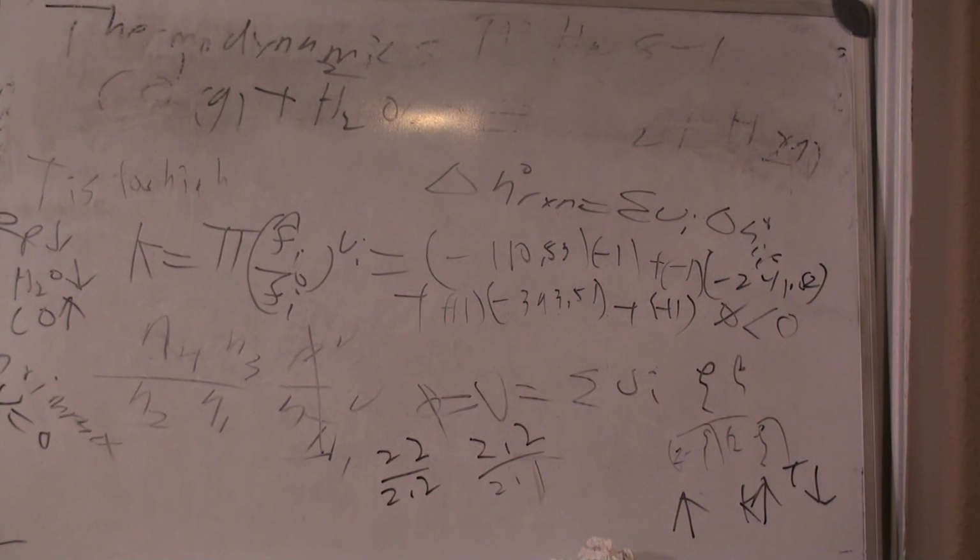Then I ask myself, is that a good thing? I look at the problem statement, which says my T is too high, I want a lower temperature. So that's a good thing.